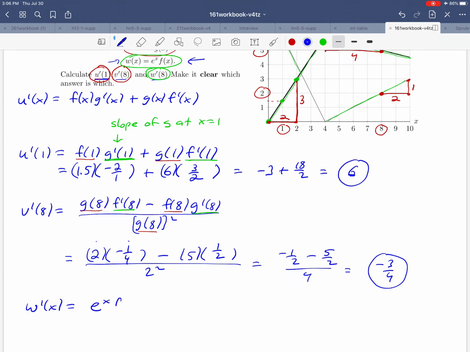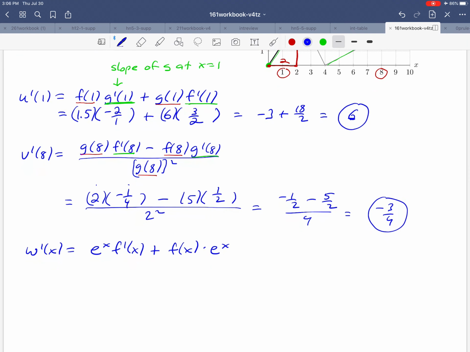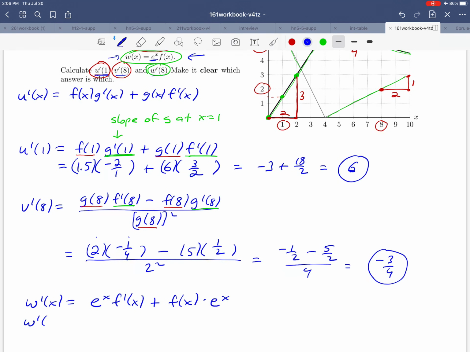So the first times the derivative of the second plus the second times the derivative of the first. What is the derivative of e to the x? It's still e to the x. Okay, and so that's what our derivative formula would look like. And we're going to substitute, let's see, what do they want us to plug in? 8, it looks like. Okay, so we'll plug in 8 for all of those x's.